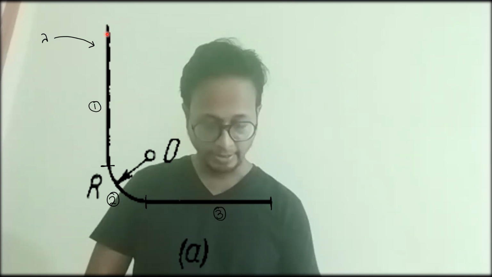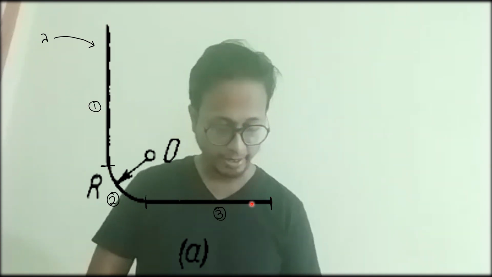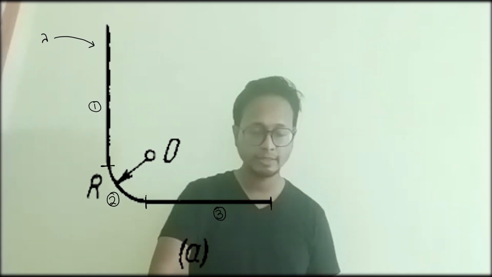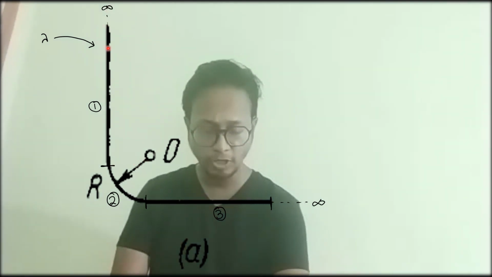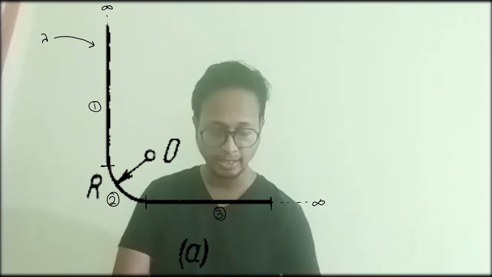The first part and the third part are nothing but semi-infinite wires, extending up to infinity, because in the question this radius is much smaller than this length. And this is nothing but a circular arc.